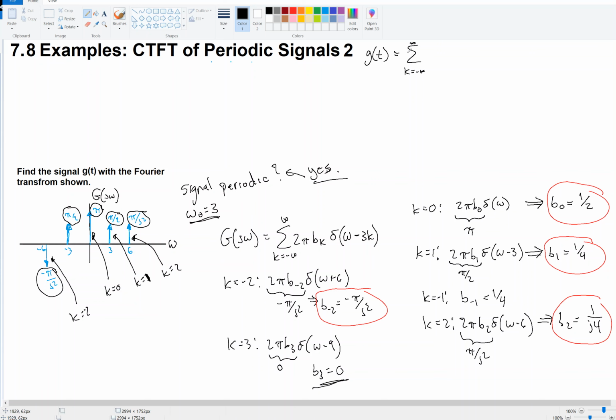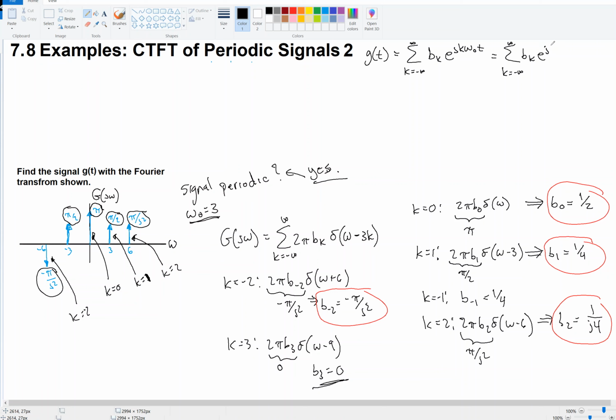Remember, the synthesis equation was we add up all of the harmonics, bk e to the j k omega 0 t. You remember that? Fourier series. Okay, well, what was the fundamental frequency again of this thing? We said omega 0 is equal to 3.